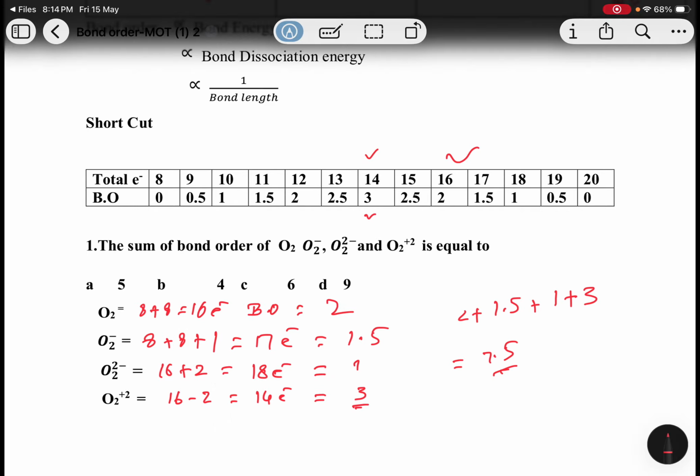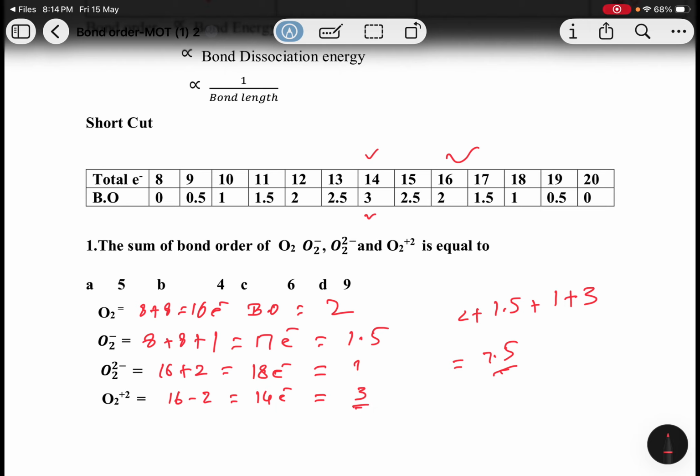O2 minus, 16 plus 1, 17 electrons, 1.5. 16 plus 2, 18 electrons, bond order 1. 14 means bond order 3. Total 7.5.